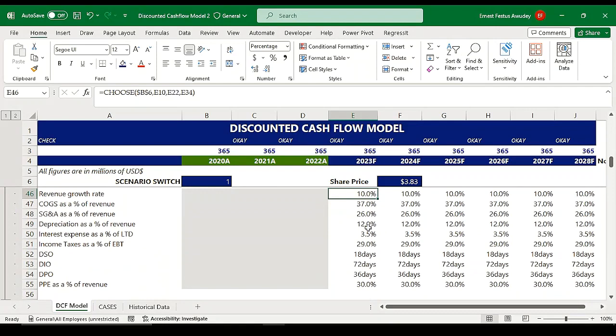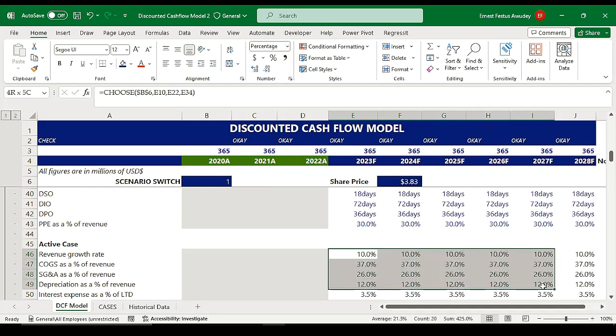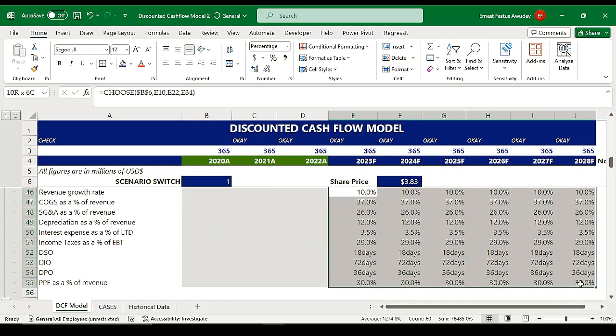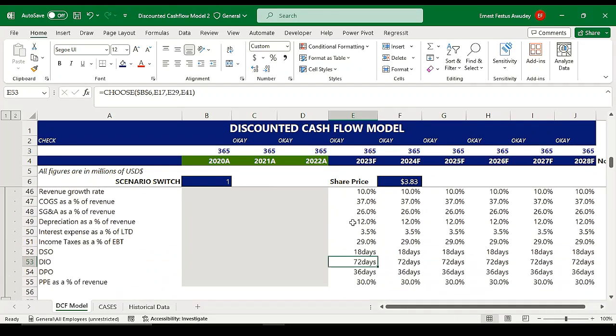So we utilized the CHOOSE function in addition to absolute referencing to be able to achieve our selected scenario or case. All right, so that is what we have there.